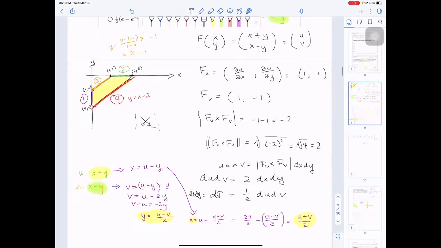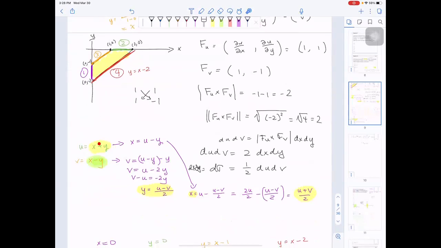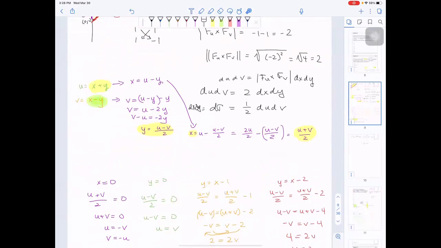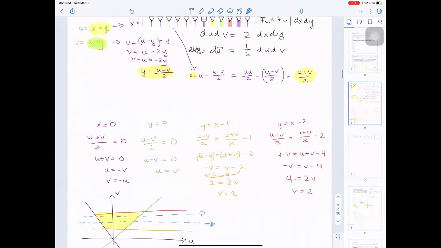Okay, then for our bounds, I first got u and v, but I want to rewrite it so that I have x equals something, y equals something, so that when we do substitutions, it helps. So I take x equals 0. I found that x is (u plus v) over 2. So I set (u plus v) over 2 equals 0. You get u equals negative v.